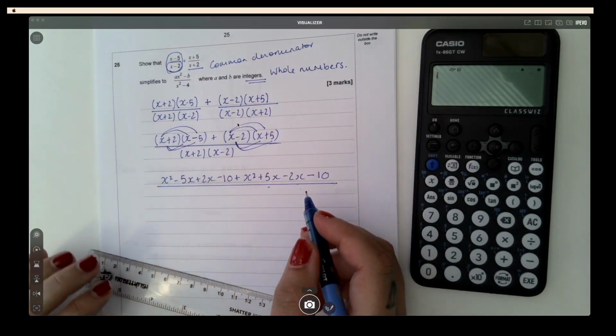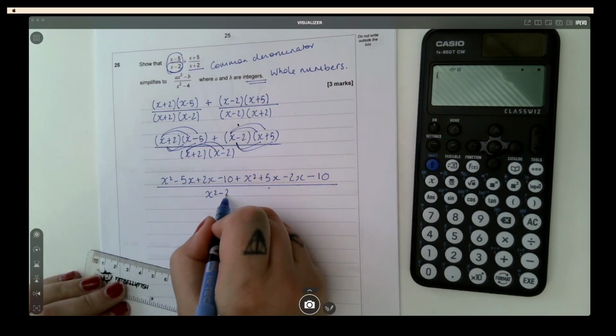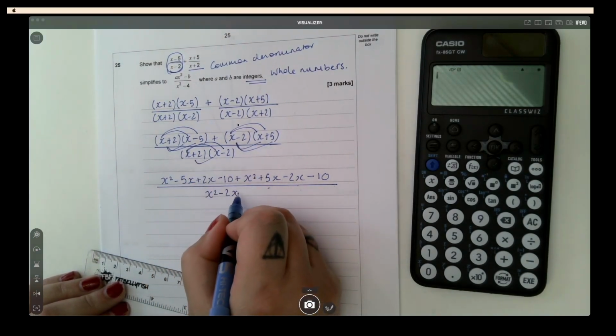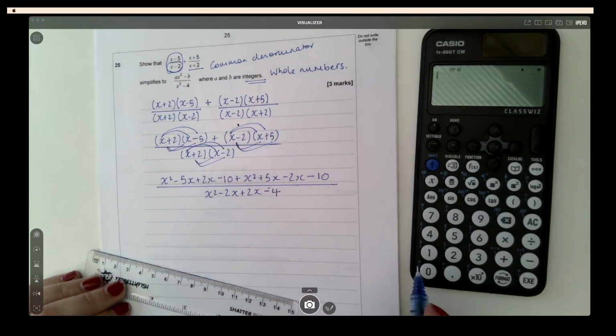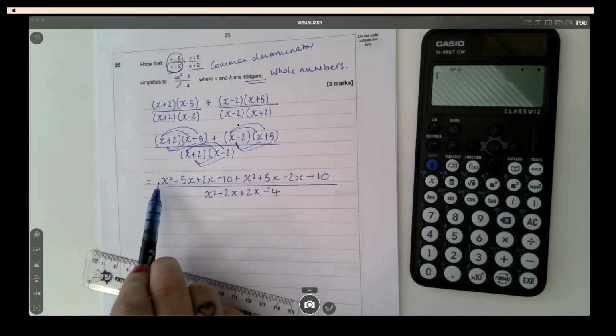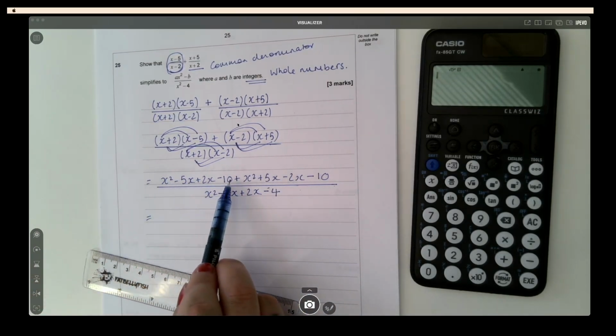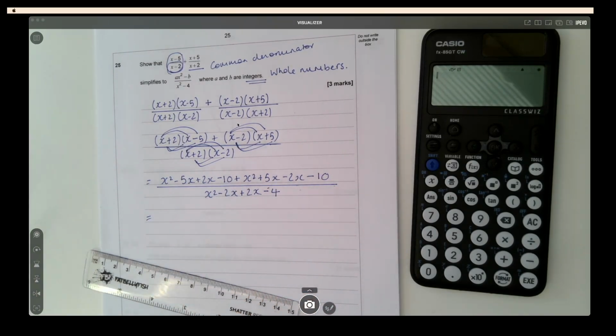And then on the bottom, x squared, subtract 2x, add 2x, subtract 4. So we're going to keep simplifying each of these sets of brackets that I expanded so I have fewer terms to deal with when I collect like terms later.